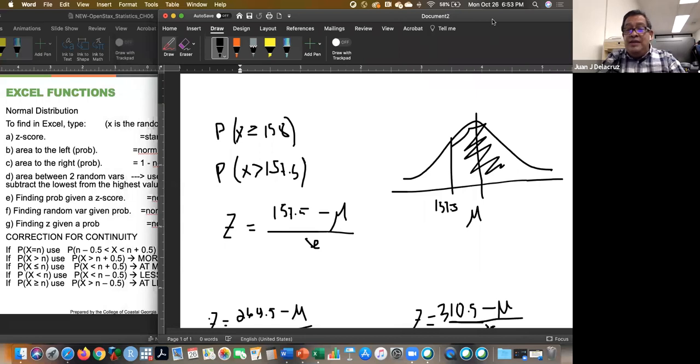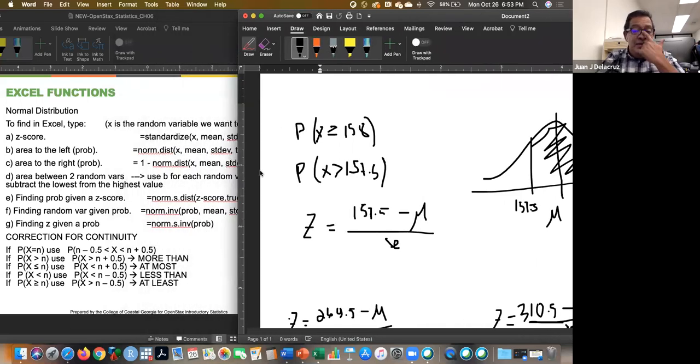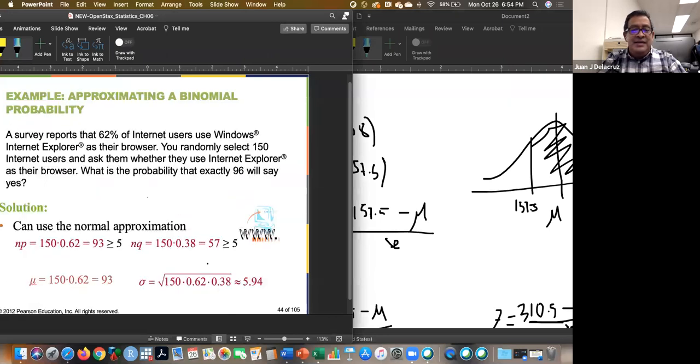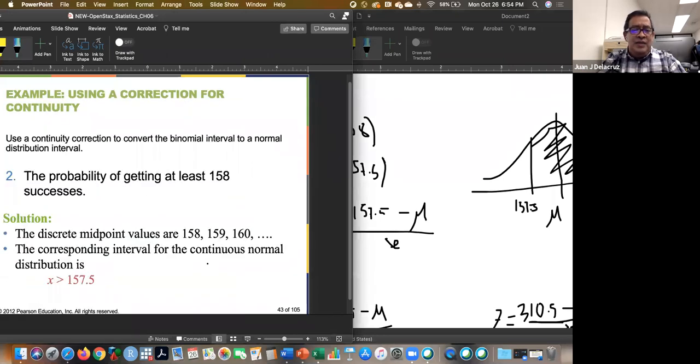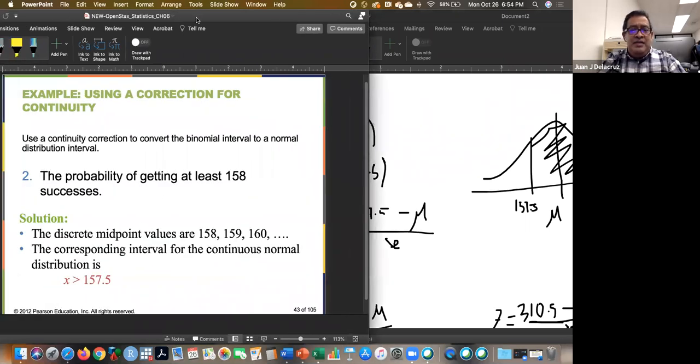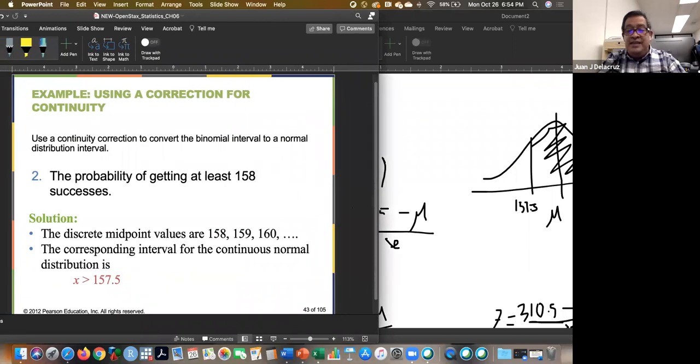So my point is very simple. We have to look at the table because I don't know whether I have to use the right or the left. This is a little bit tricky because what happens if you want to know the exact value of a random variable? In this case, this is the probability of getting at least 158.